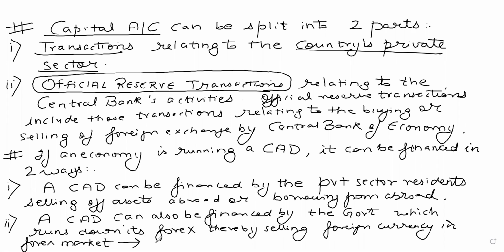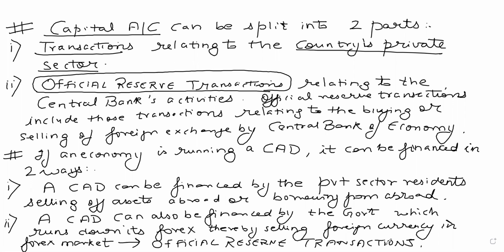So these transactions fall under the official reserve transactions. So a current account deficit can also be financed when the government, or for that matter the central bank, runs down its foreign exchange reserve. Running down the forex means the central bank starts selling its foreign exchange in the forex market.